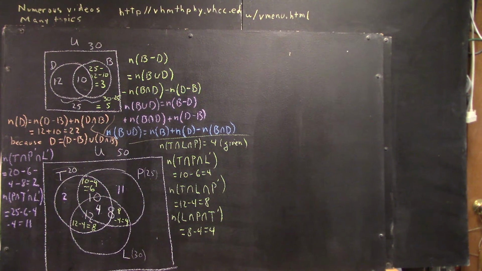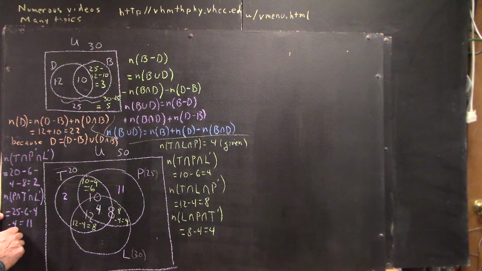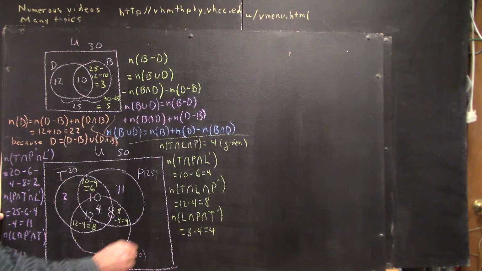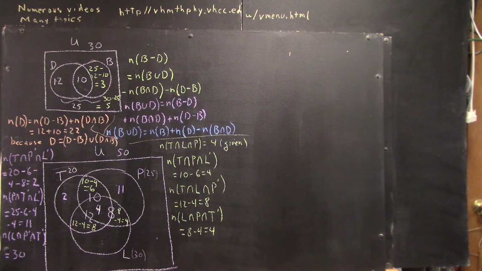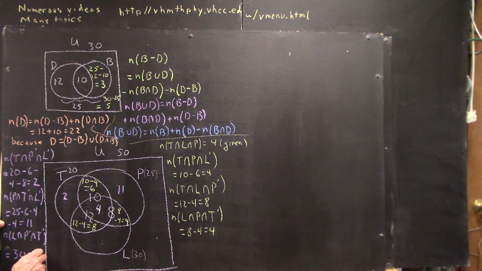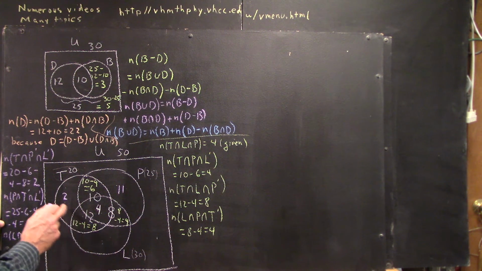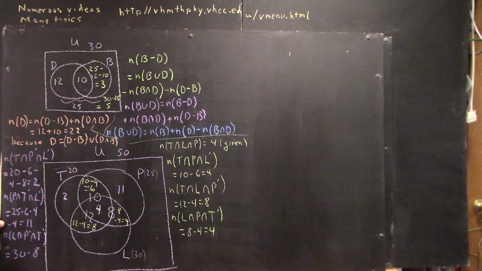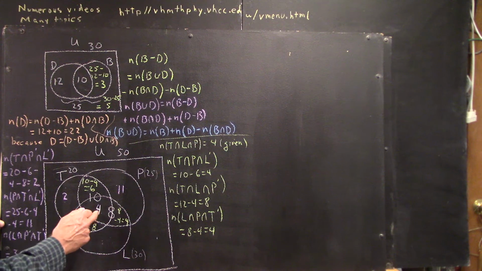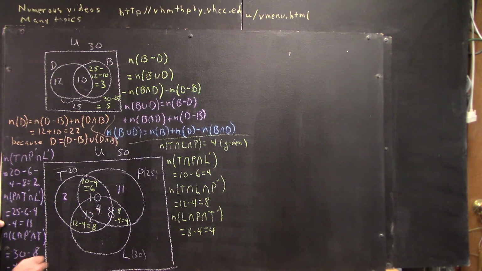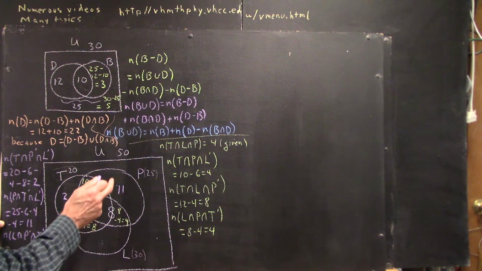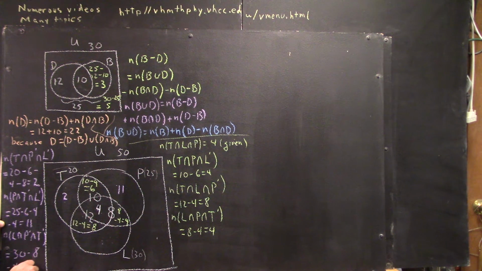And then down here, that region would be in love but not in prison and not a truck driver. That would be the 30 in love minus, let's say, the 8 who are in love, truck drivers, but not in prison, minus the 4 truck drivers in love in prison, because they're certainly in love, and the 4 who are in prison in love but aren't truck drivers.